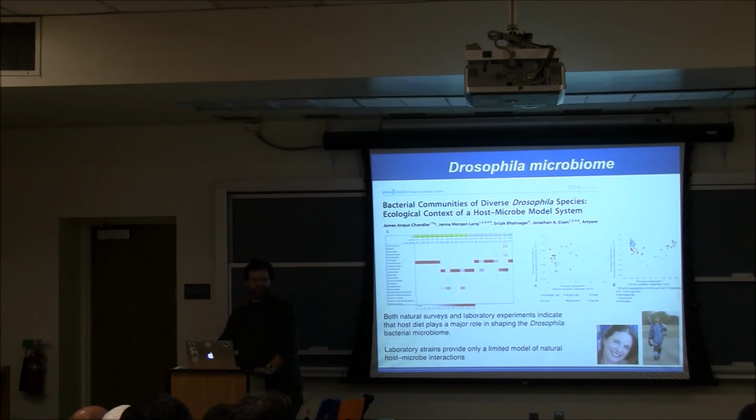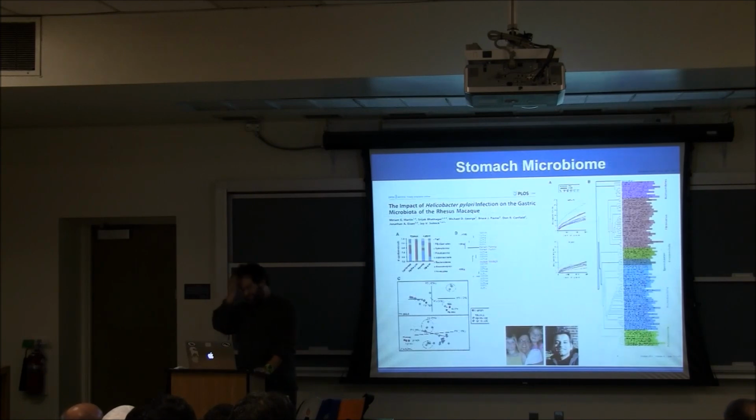Drosophila turns out to be a really good model, in part because you have the ability to do large numbers of individuals and nice genetics in the host that you can now layer on top of studies of the microbes that live in and on them.